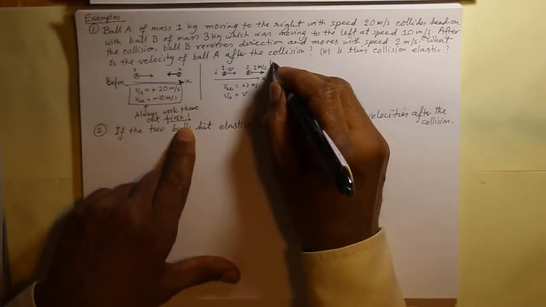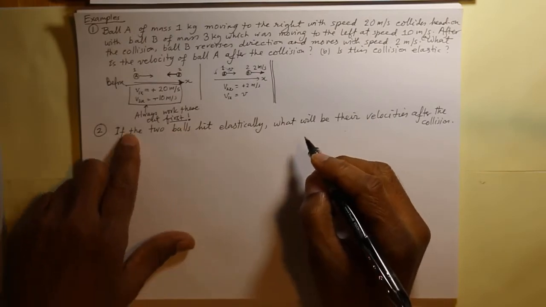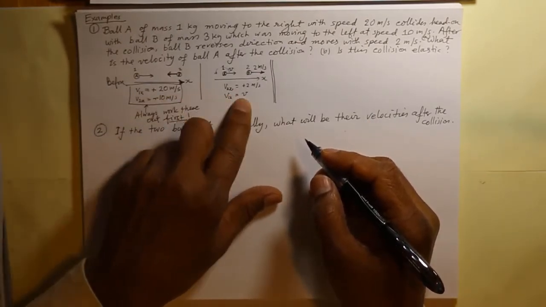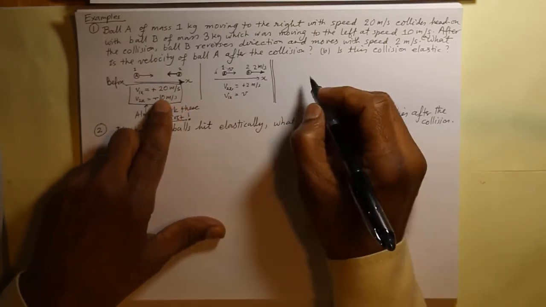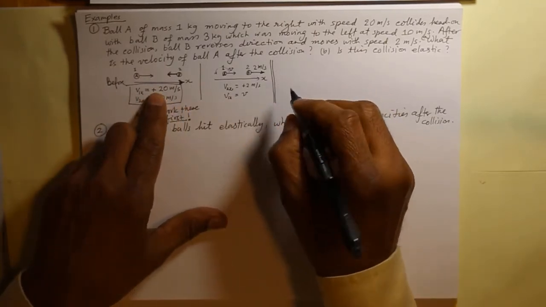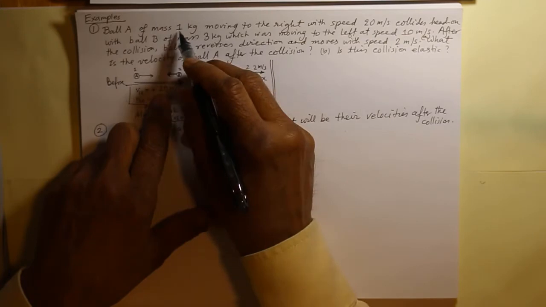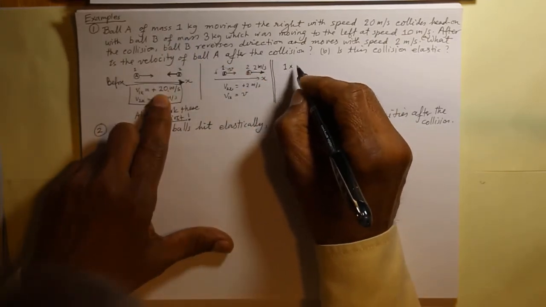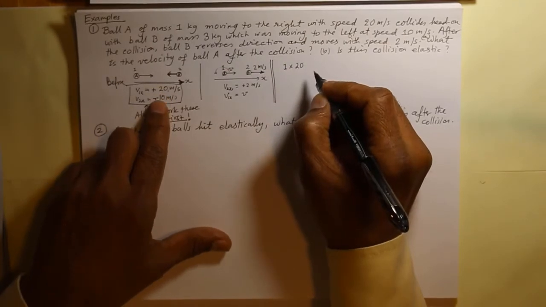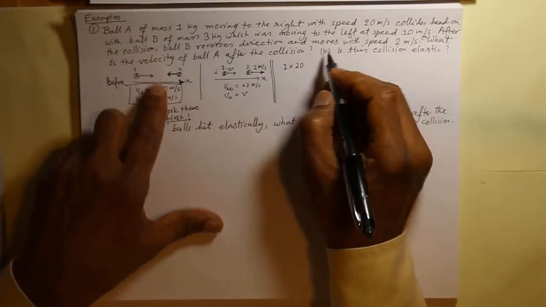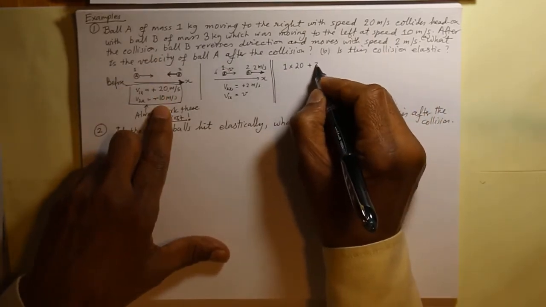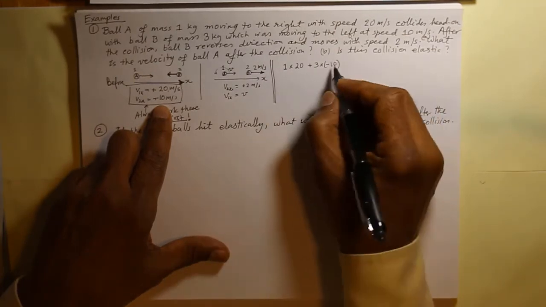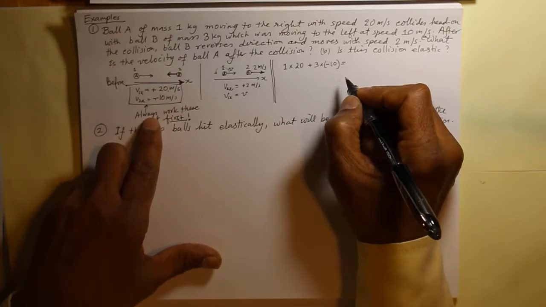So, now we have complete information. We can write the conservation of momentum. So 20 times 1, and then the other one is 3 times minus 10, which will be minus 30 on the left side.